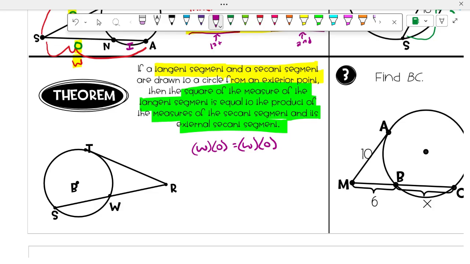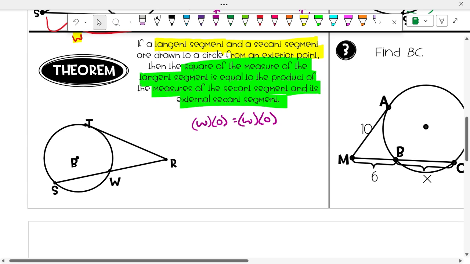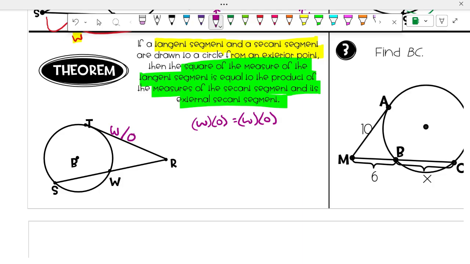But what's true about it? They're the same. The whole is the outer and the outer is the whole for the tangent line. Whereas the secant, same business. SR is the whole, WR is the outer, SW is the inner.